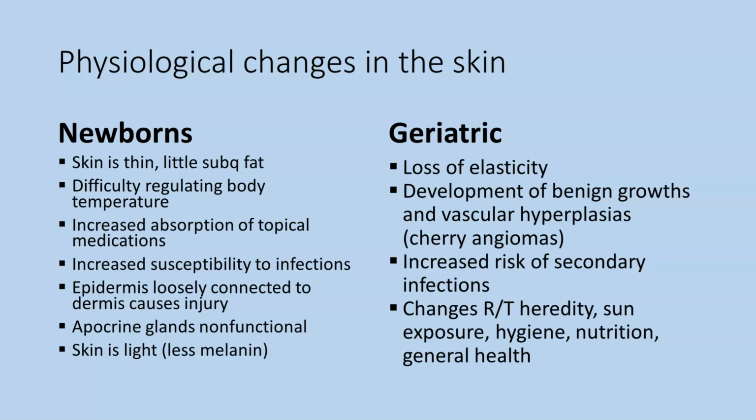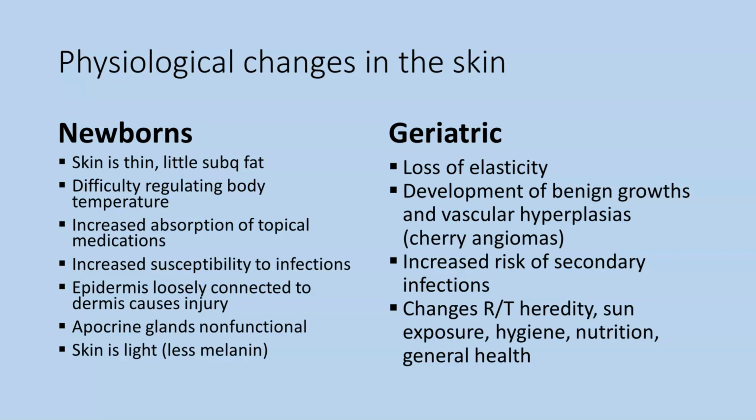So with newborns, we know that their skin is thin. They have very little subcutaneous fat, so they have difficulty regulating their body temperature, which is why we swaddle them, of course. They also have increased absorption of topical medications. So if we have some sort of urticaria or dermatitis, we don't have to put on as much as we would for an adult client.